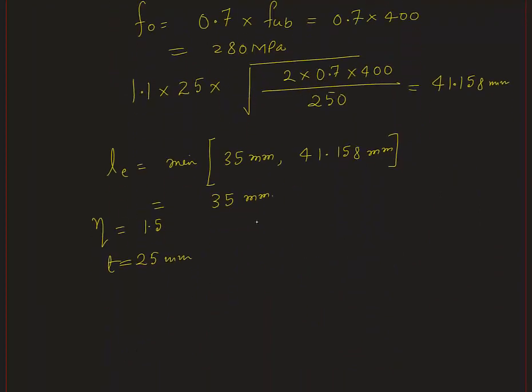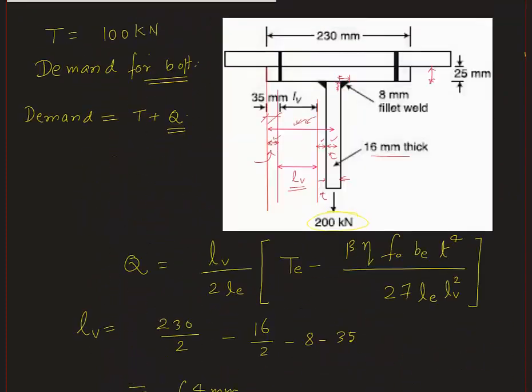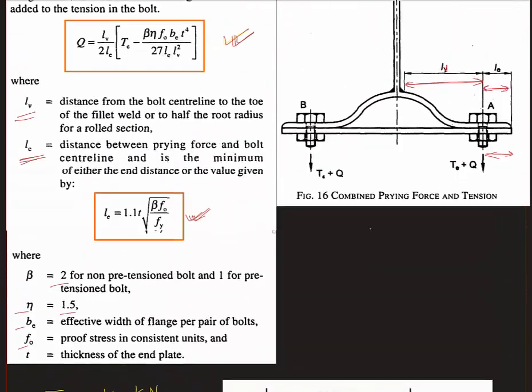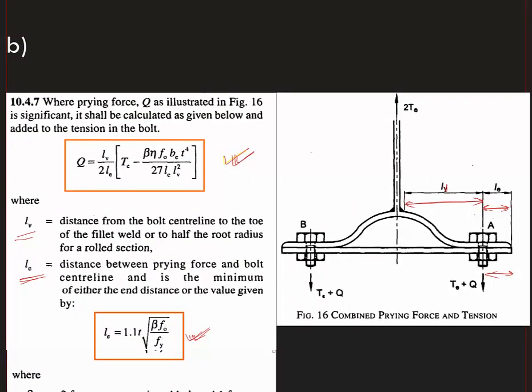Other values we have: F naught, that we already calculated, and this value is 280 MPa, and Be is 150 mm, that is the other dimension of the plate that we already showed in the previous video lecture.